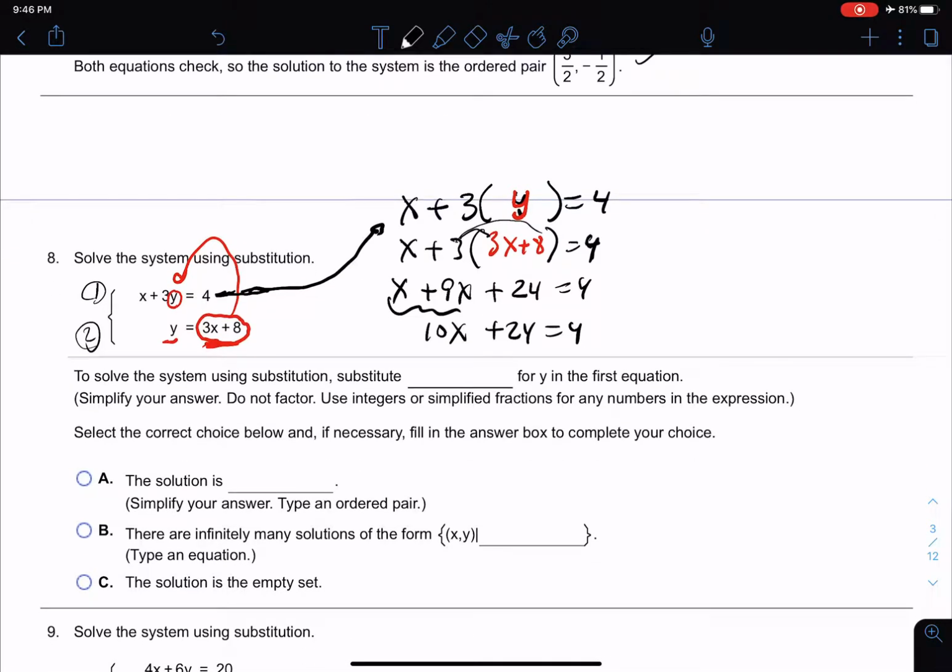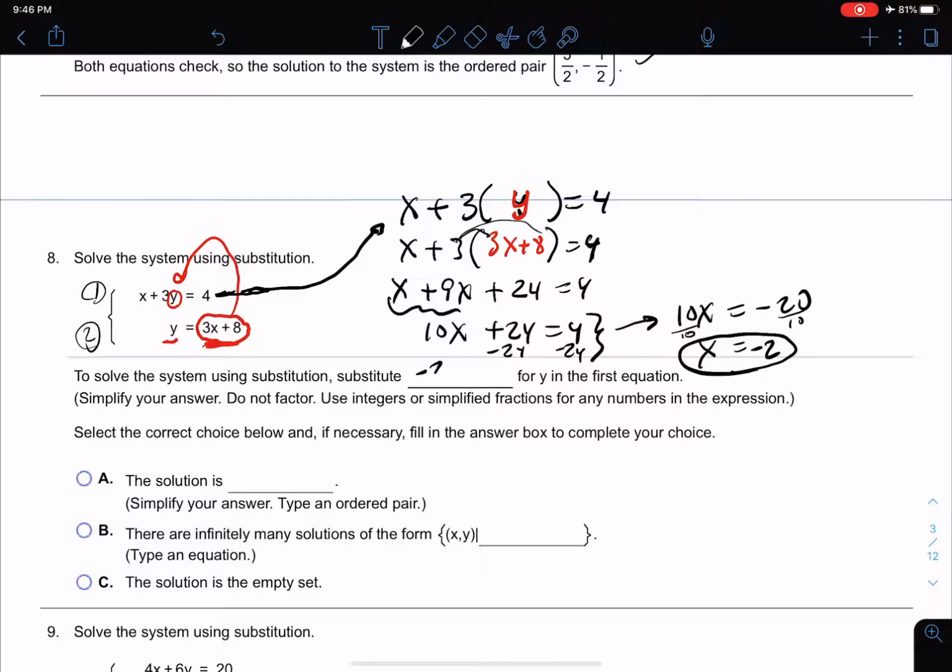So I'm going to subtract 24 off both sides, and I'm going to have to show my work over here. This is going to give me 10x equals negative 20. Divide by 10, and x equals, right? What's negative 20 divided by 10? That's negative 2. So I just got my x value is negative 2. So I got my x answer already, negative 2.